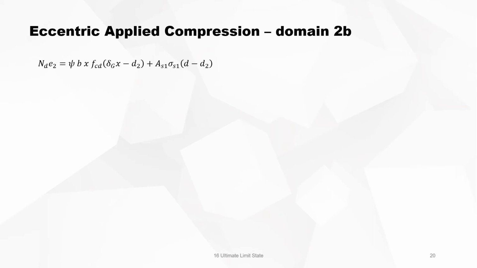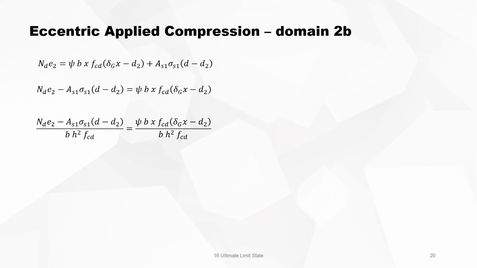Now, if we take this rotational equilibrium and play around with it, and we take this term and put it on the other side, we have this. Then we divide by B H squared F C D, and we define mu D as this term. You notice that it's H squared, not D squared, because we are in dominant compression.